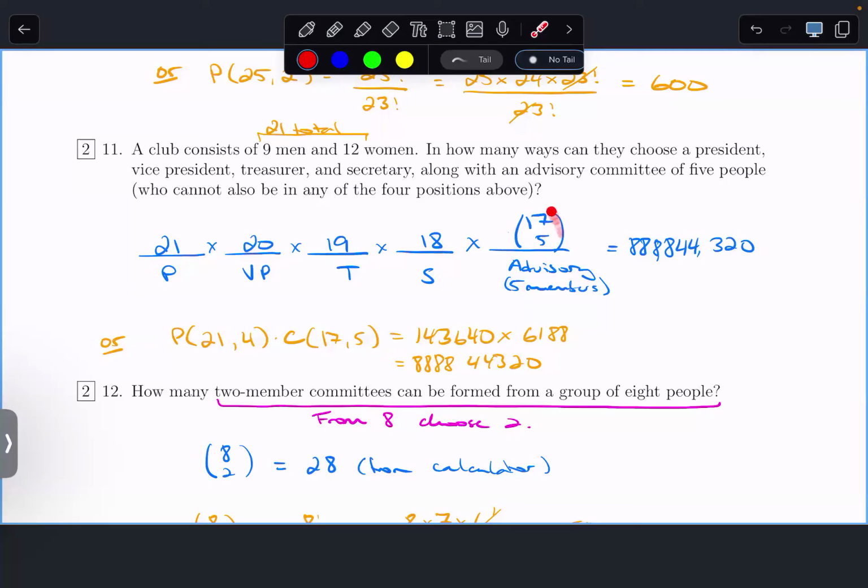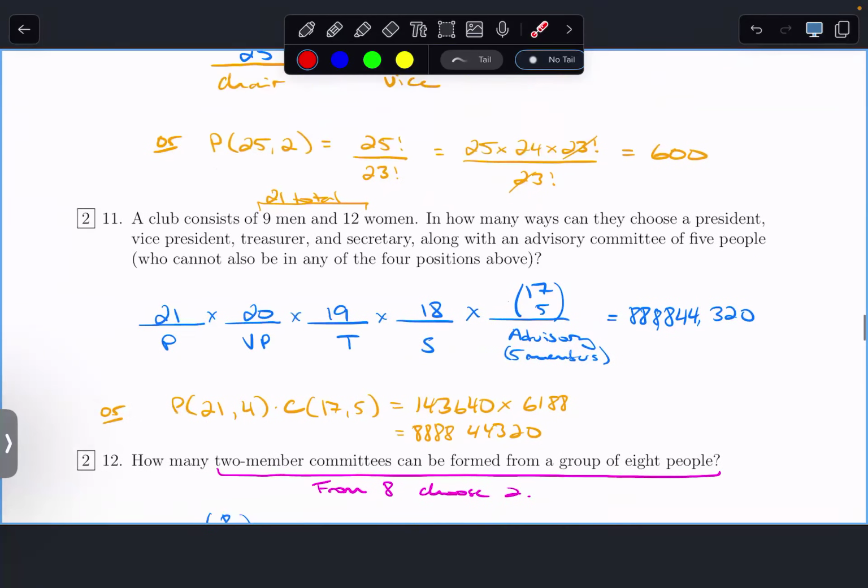But it's this little guy, the 17 choose 5, because there's 17 remaining out of the 21, and you have to choose 5 advisory members. This one is what makes it difficult. This part is essentially the same as the license plate or the social security number question. We're just adjusting the numbers as we go.